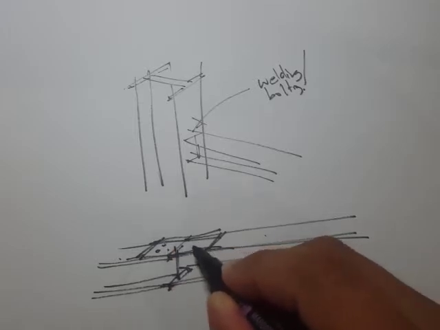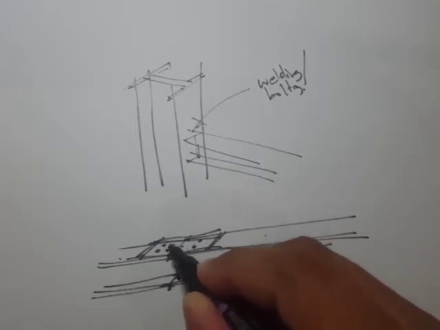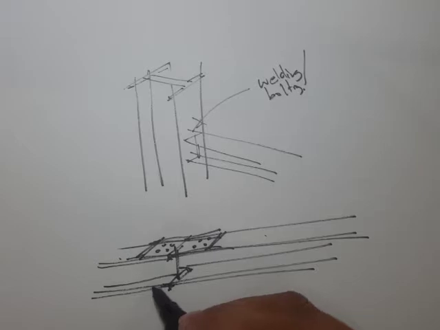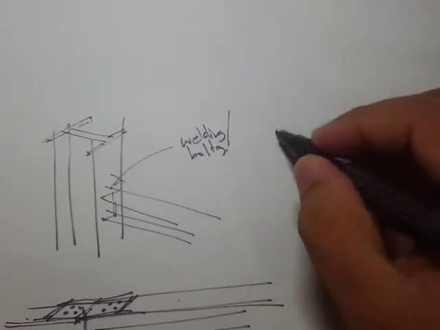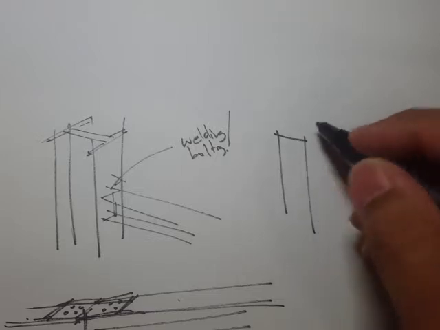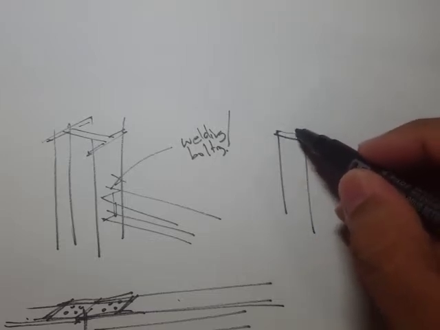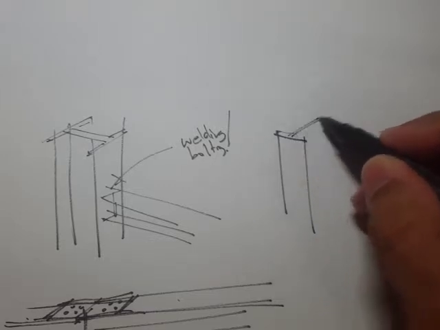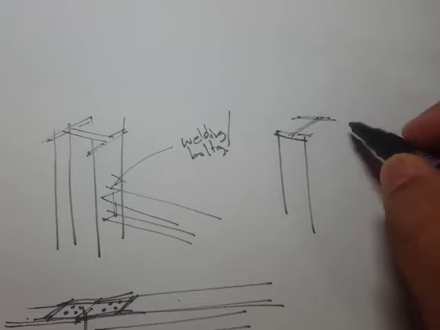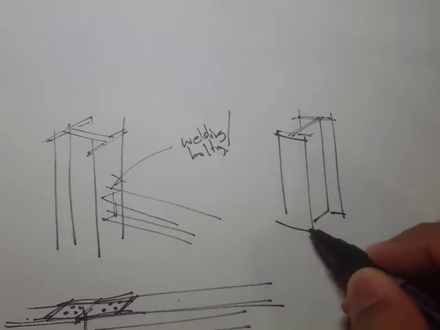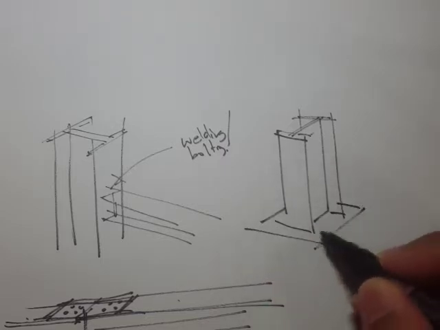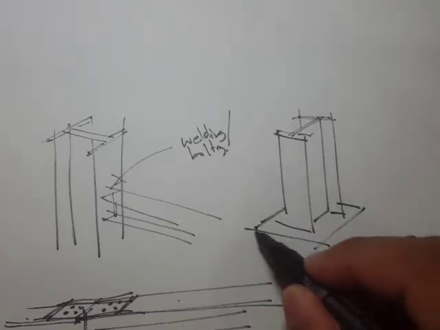So for example, let's just draw a bolting connection here, and also the base of the column, for example in a portal frame, is usually attached or connected to a plate.